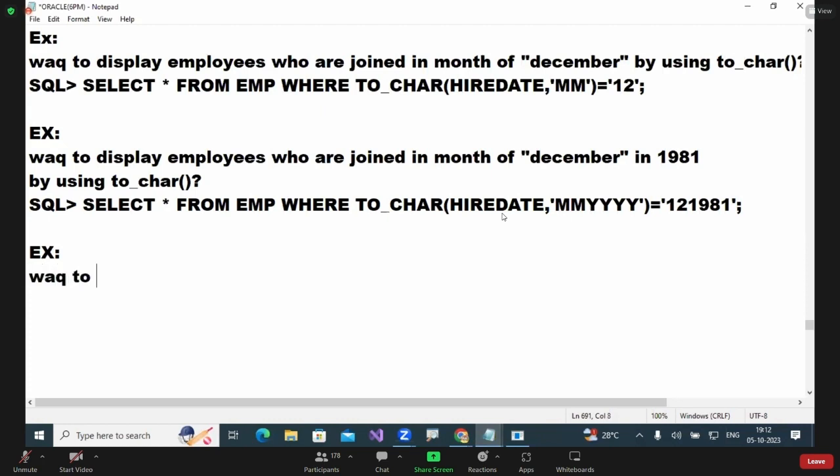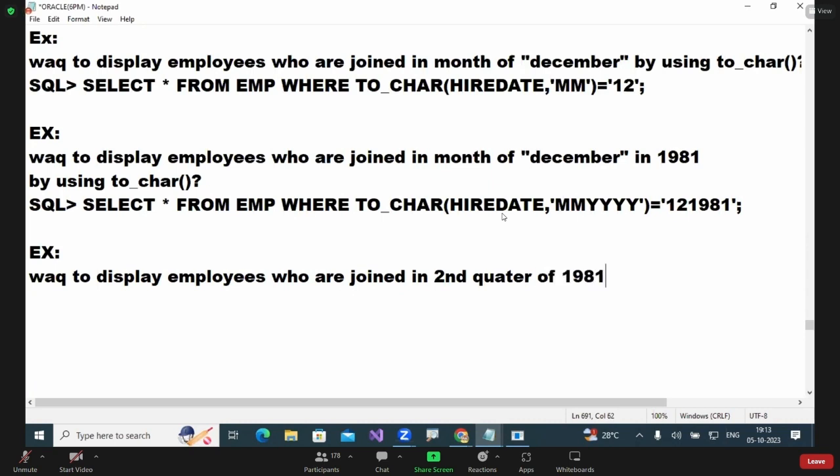Write a query to display employees who joined in the second quarter of 1981 by using 2_char.